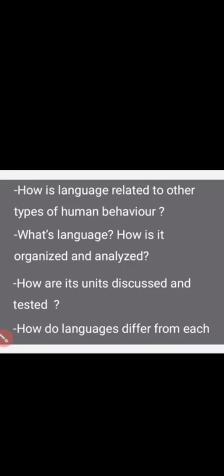And this is a very primary question. What's language? How is it organized? And how is it analyzed? How do we understand language? How do we analyze language? How are its units discussed and tested? And how do languages differ from each other?